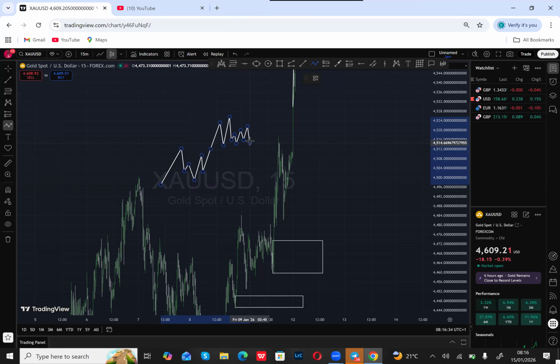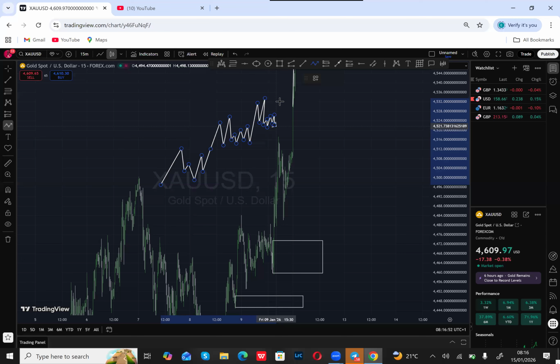Do you get the point? You join up, you keep buying. Yes, sir. Once price breaks this, gives liquidity, comes back into an order block here, gives you your confirmation, you buy. If you lose it, it is called a valid loss.